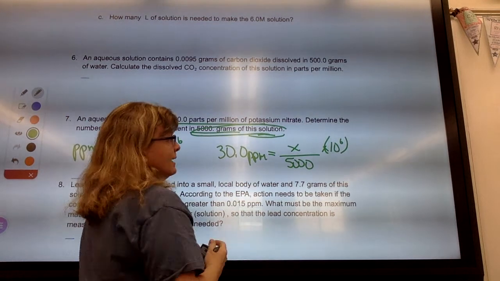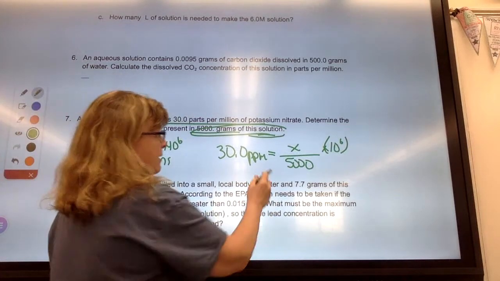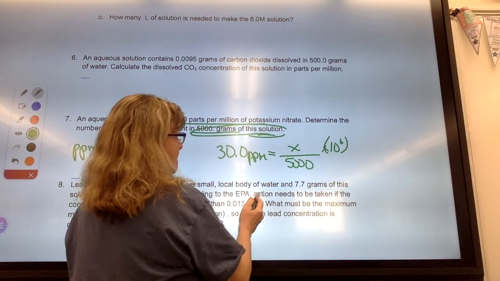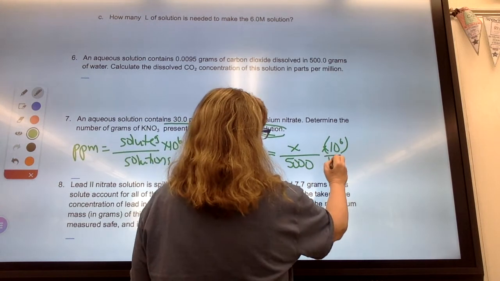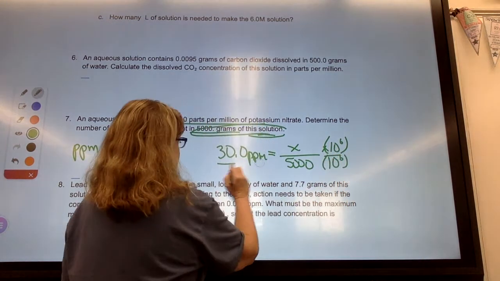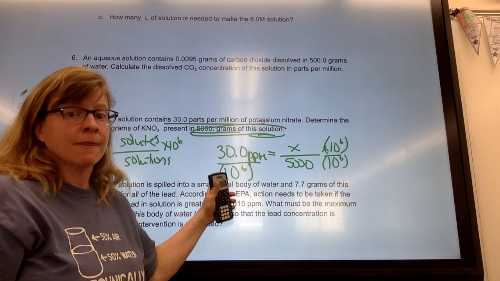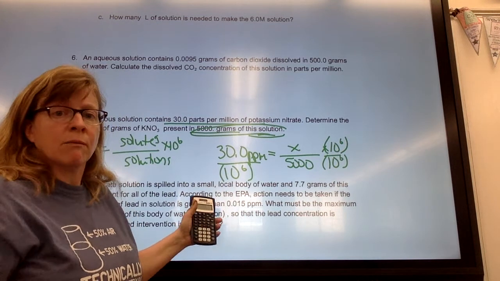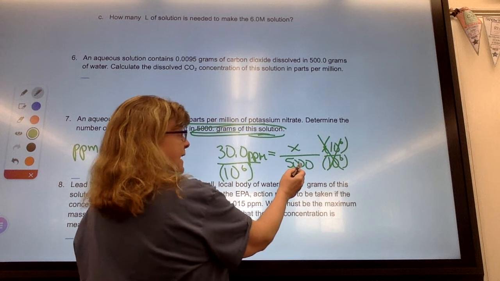Okay, got to solve for x. X is up top now, so I can't just switch it, right? I got to isolate it. So this is up top. I can divide both sides by 10 to the 6. Again, notice I'm keeping that in parentheses. That might be a place where you didn't do that. This is going to divide out. 5,000's on the bottom.